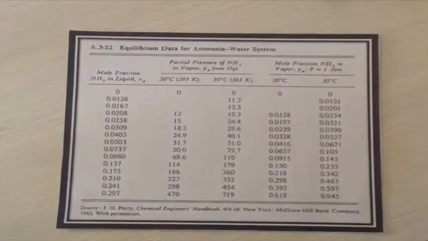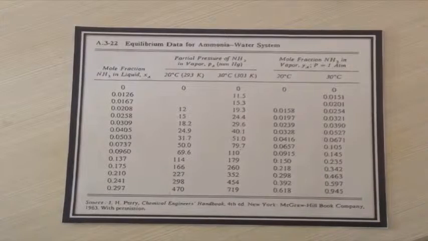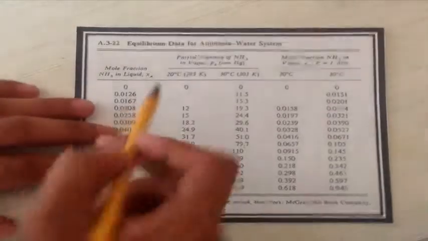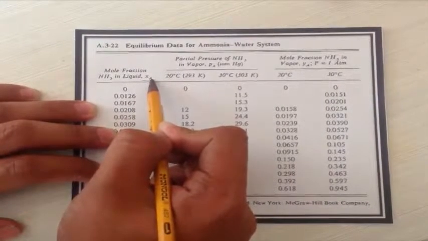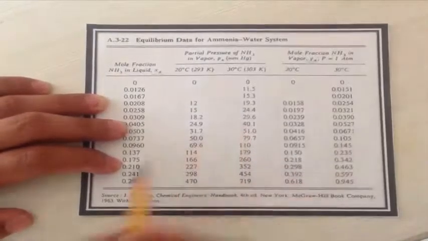We will use Appendix 8.3-22 for the data for the ammonia water system. This data relates the concentration of solute on the liquid phase and the concentration of solute on the gas phase.